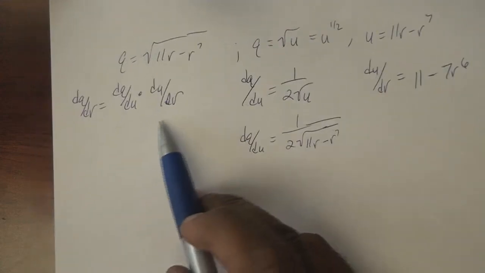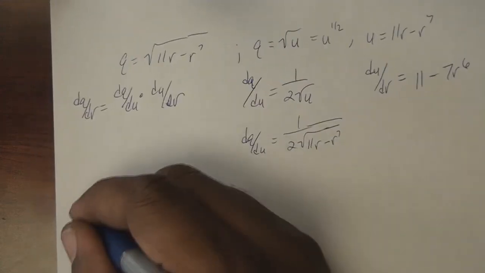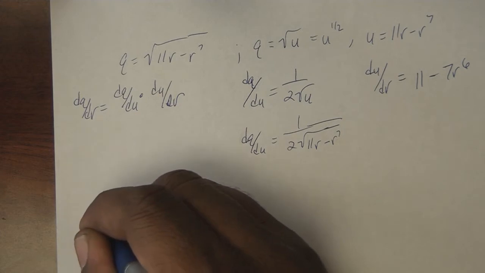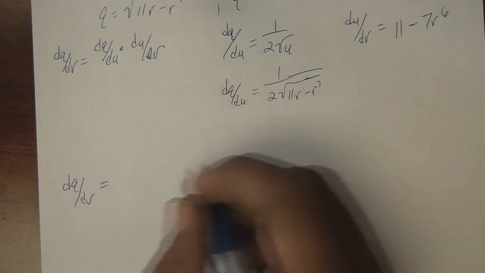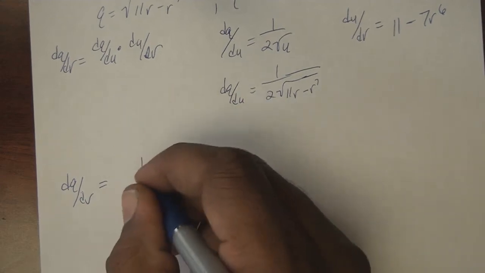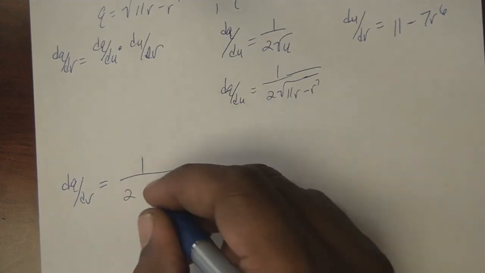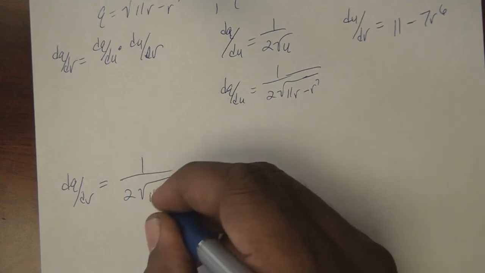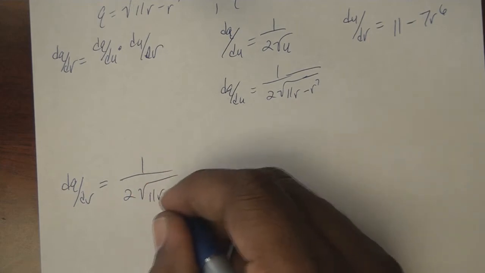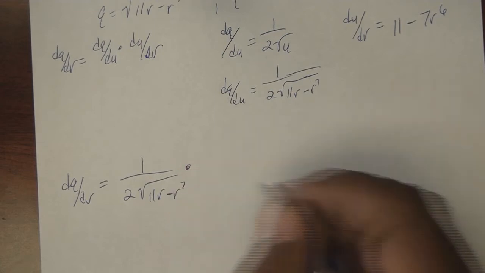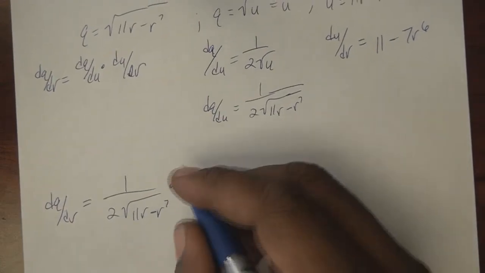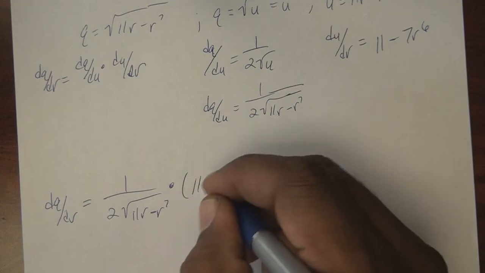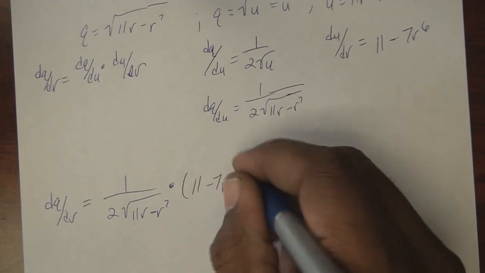So we'll put these two factors together. We have dq dr, that's equal to dq du, which is 1 divided by 2 times the square root of 11r minus r to the 7th, times du dr, which is 11 minus 7r to the 6th power.